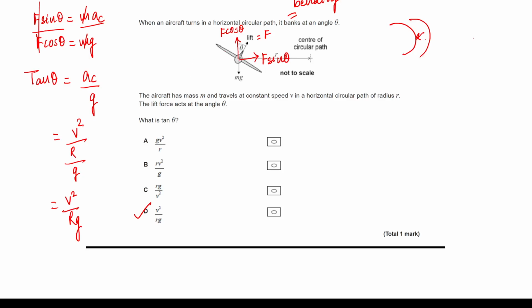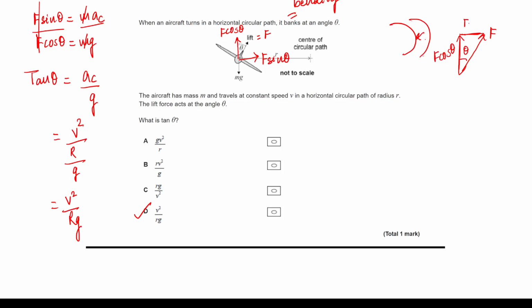What I've done here, I'm just explaining that this is F and this angle is theta. So I just made my right angle triangle. So this is the adjacent, so this would be cos, and this is the perpendicular.